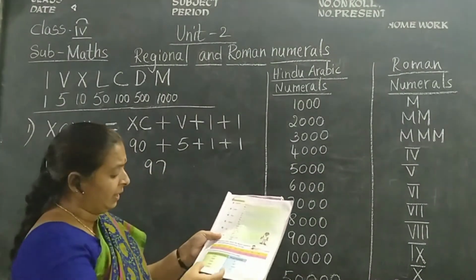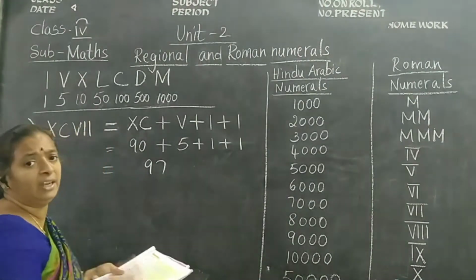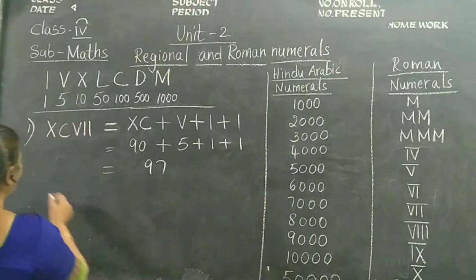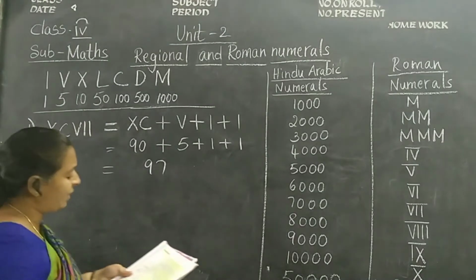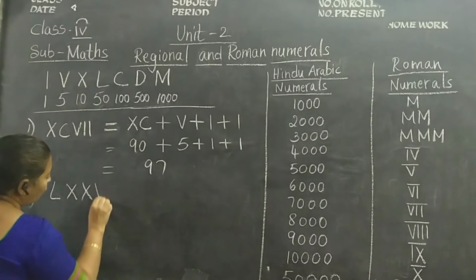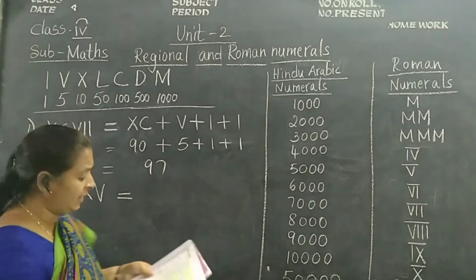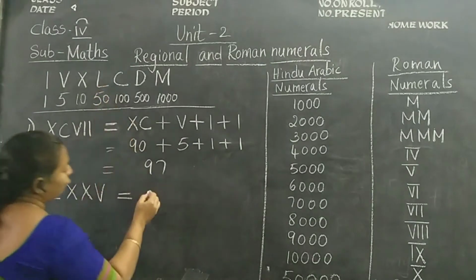These are the sums given on page 99, children. Another one I will do for you. See the second one. What have they given? L, X, X, V. What is the value of L? 50.